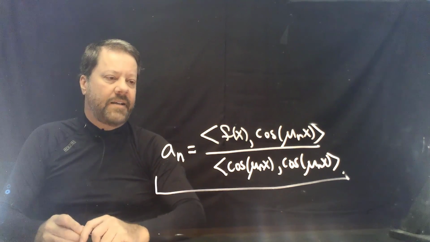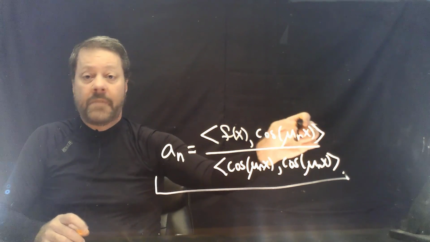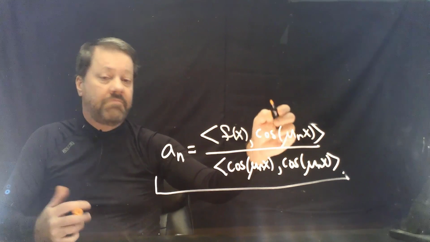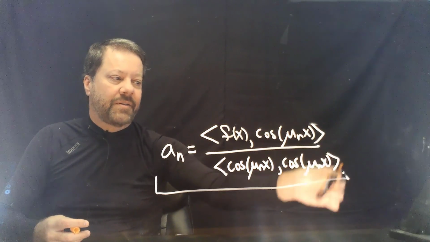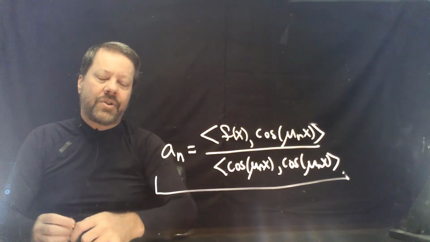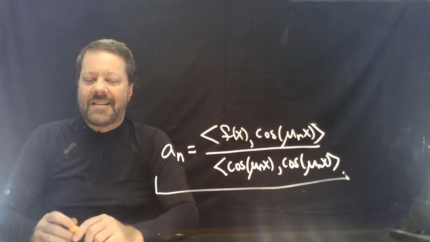In this case, we can assume that the weight function would be mu n squared. As a constant, it would come out of both of these integrals and cancel out. So we can just use a weight of 1 in this case.